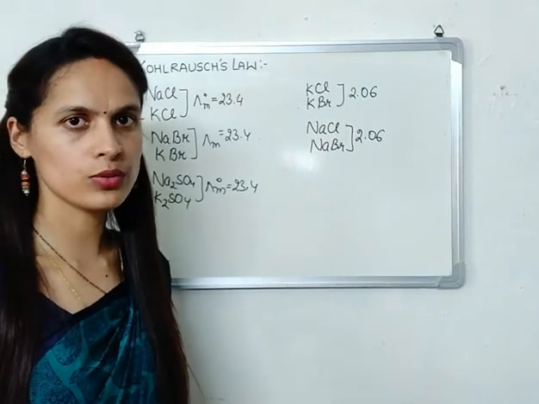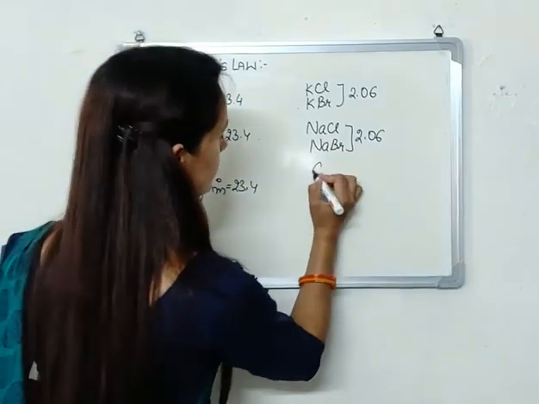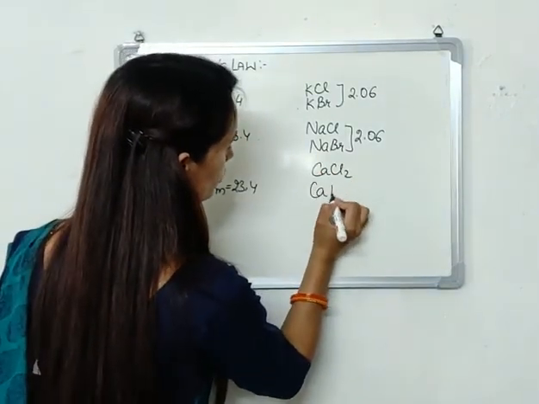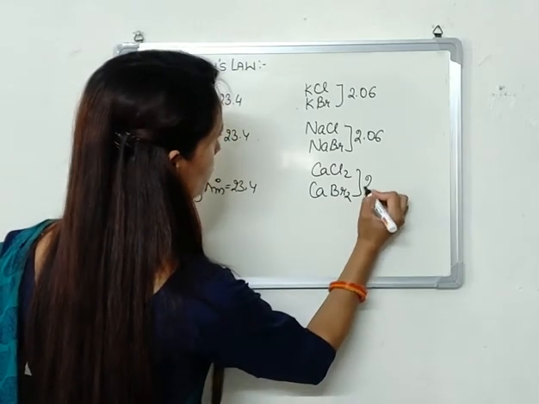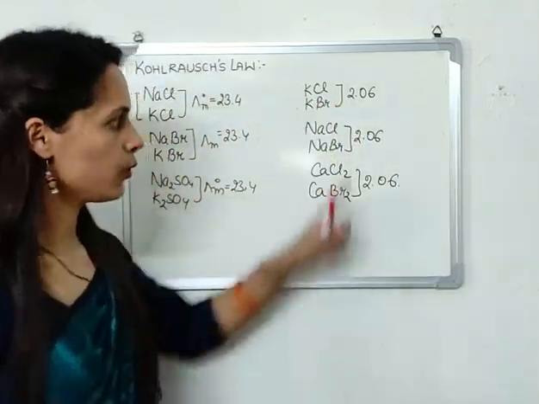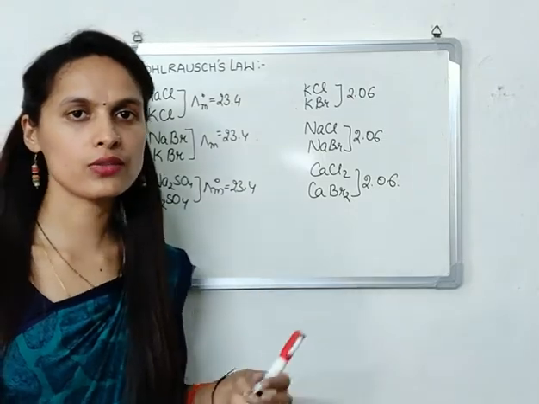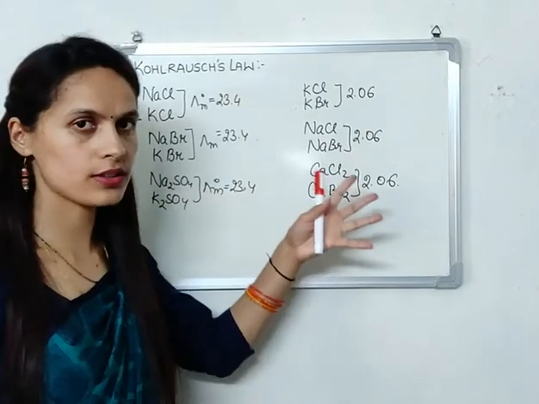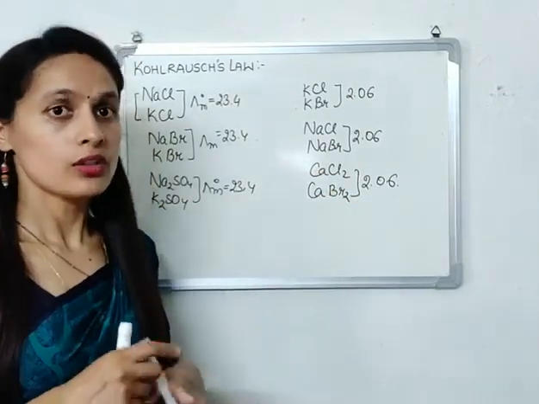When he takes CaCl2 and CaBr2, the value also becomes 2.06. What are these values? These are the differences of the molar conductivity of the two electrolytes.